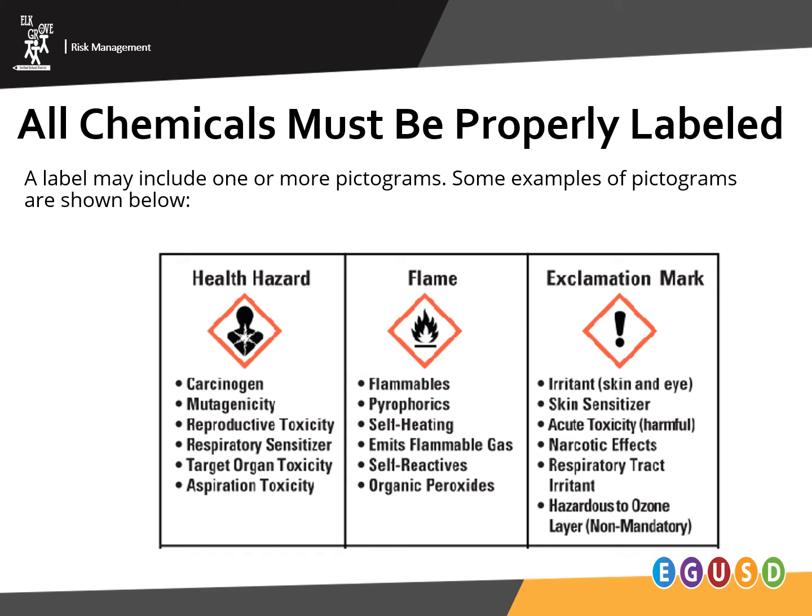Flame: flammables, pyrophorics, self-heating, emits flammable gas, self-reactives, organic peroxides. Exclamation mark: irritant, skin and eye, skin sensitizer, acute toxicity, harmful, narcotic effects, respiratory tract irritant, hazardous to ozone layer, non-mandatory.